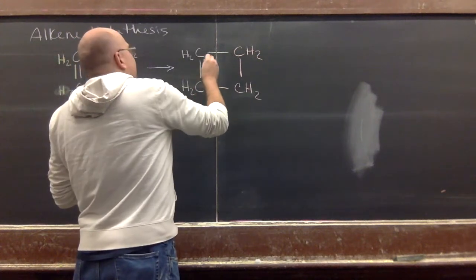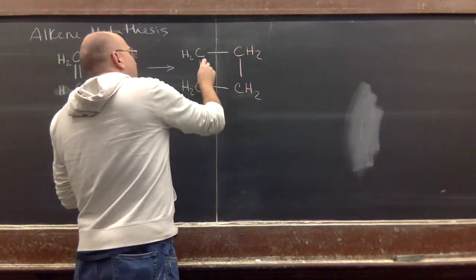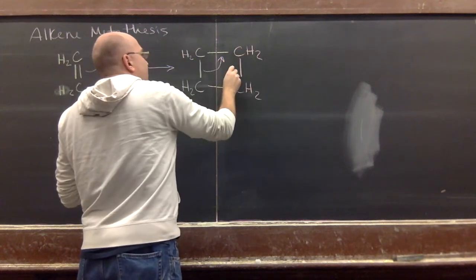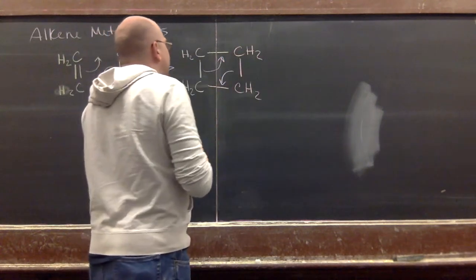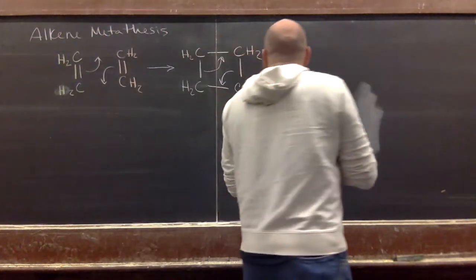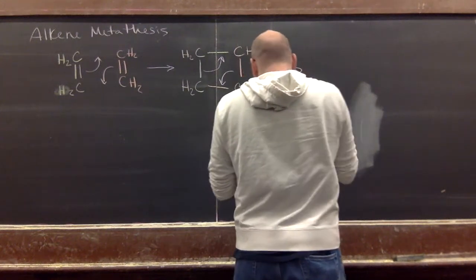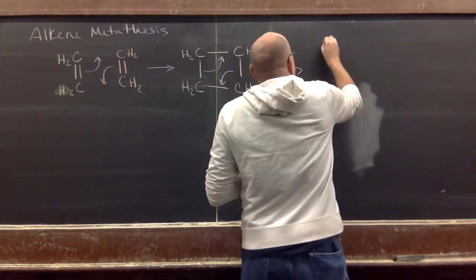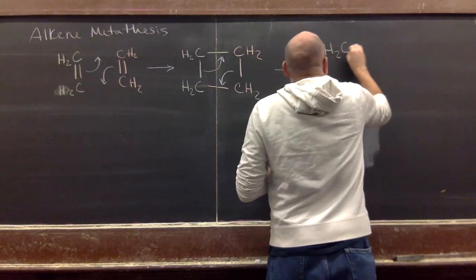And then what will lead to ultimately the bond rearrangement, which is why we call it metathesis, is a rearrangement of alkene carbons.